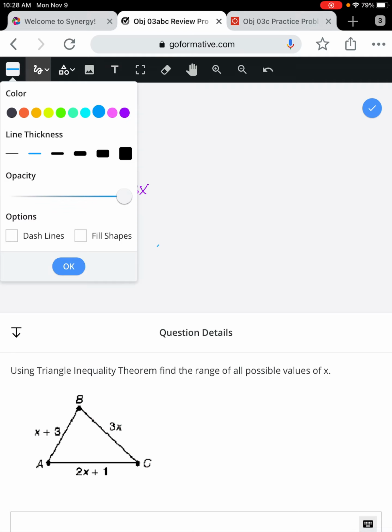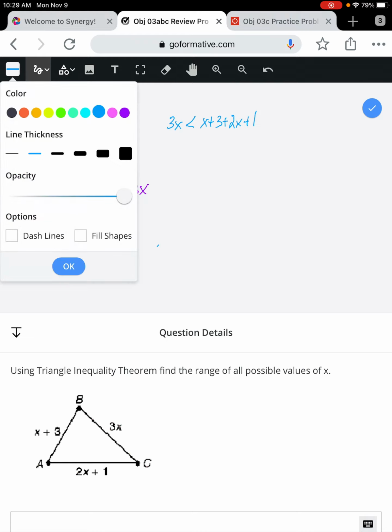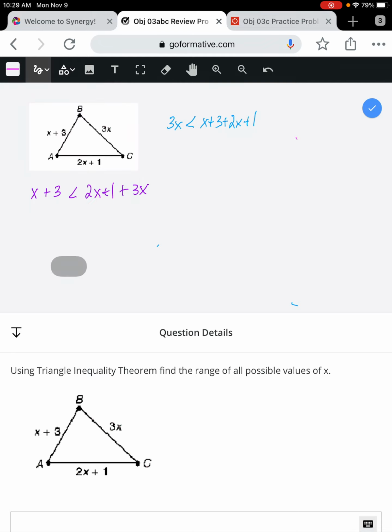I also know that the 3x side has to be less than the sum of the x plus 3 side and the 2x plus 1 side. And the last thing I know for sure is that the 2x plus 1 side has to be less than the x plus 3 plus the 3x side.